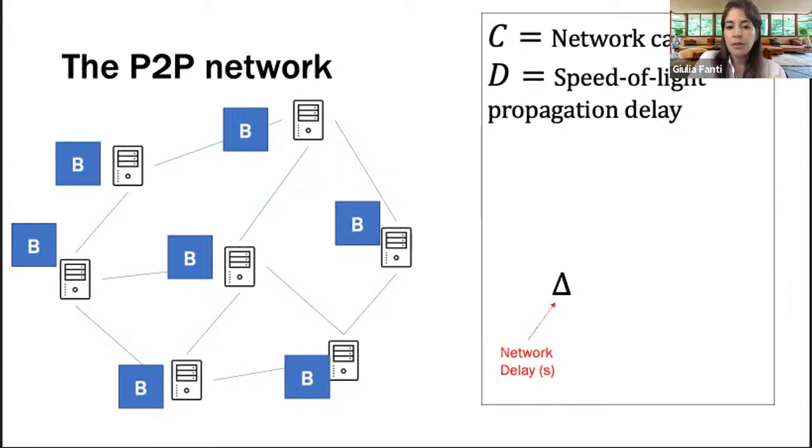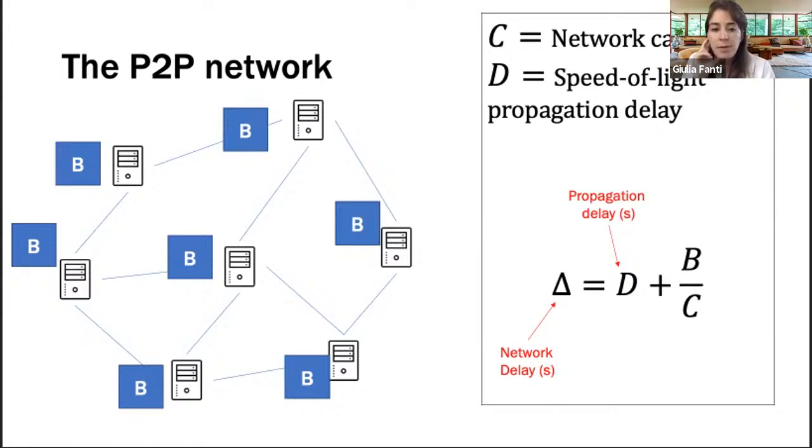Now we're going to model the overall delay of transmitting a block over the peer-to-peer network as follows. We have two terms here. The first is our propagation delay. This is a lower bound, so it gets added to the overall delay.